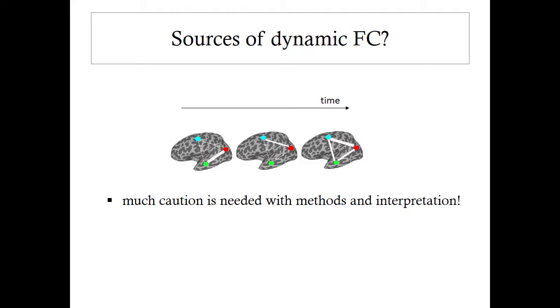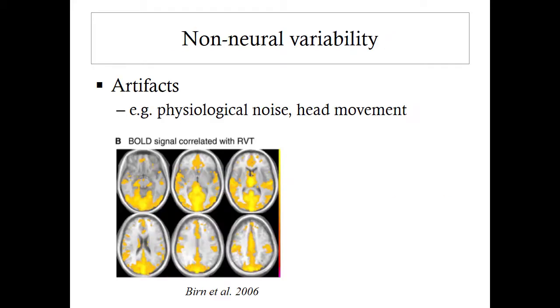It turns out we have to take a lot of care with this, and one reason is because as Molly already introduced, the BOLD signal is a very complex thing, and there are many factors contributing to what we see, and one of them is unfortunately artifacts. So we have breathing and head motion and all kinds of other things going on, and these can create non-neural variation in our connectivity measures.